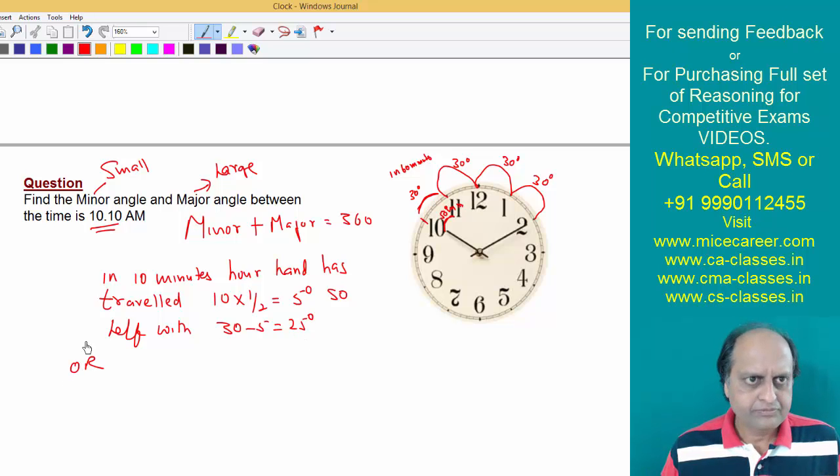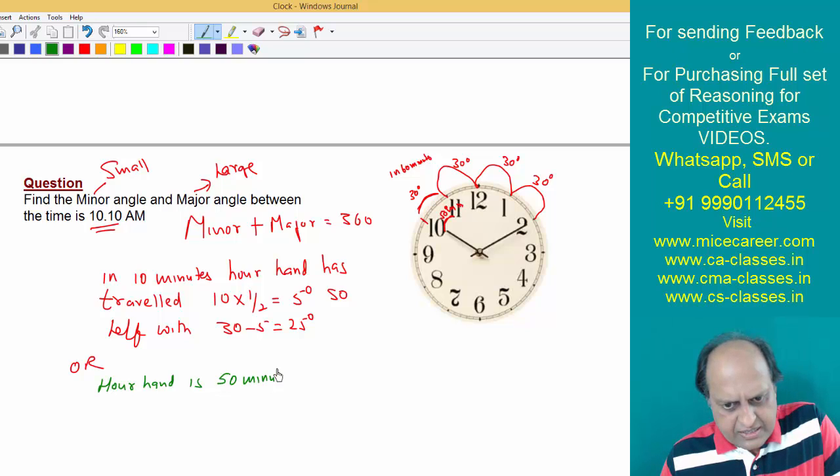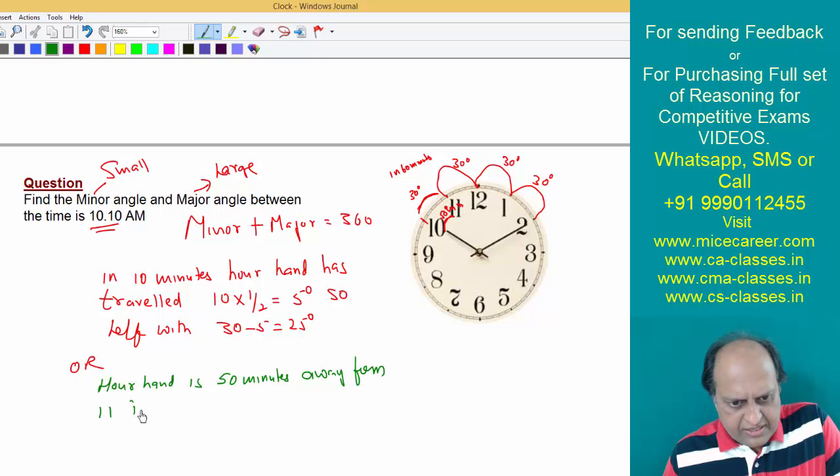Or, the hour hand is 50 minutes away from 11. That is 50 into half, equal to 25 degrees.